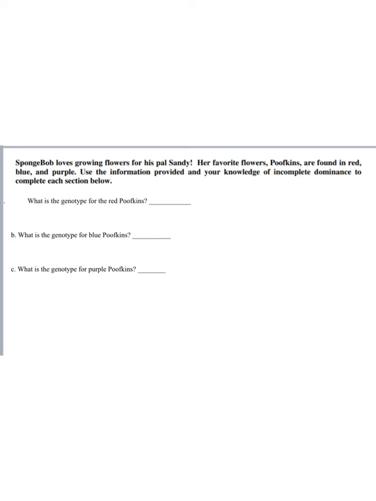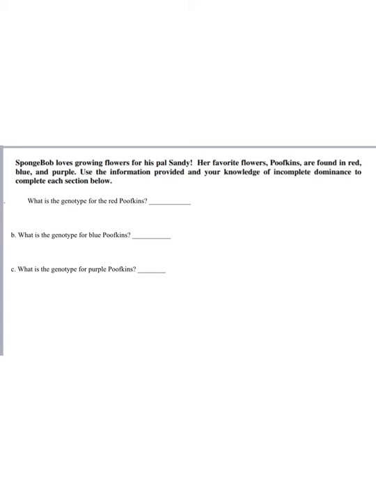This one is about SpongeBob and how he loves to grow flowers for his pal Sandy. Her favorite flowers, which are called puffkins, are found in red, they're in blue, and they're in purple. So it says, use the information provided and your knowledge of incomplete dominance to fill out the section below.